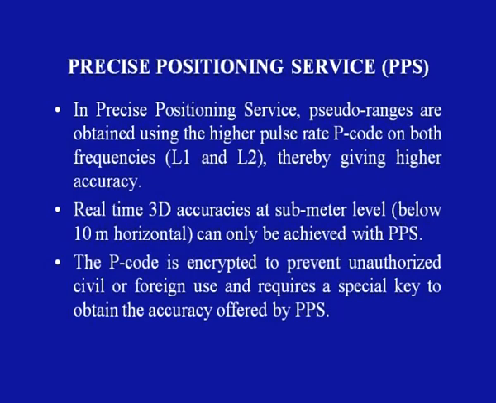Real time 3D coordinates at sub-meter level, below 10 meter horizontal, can be achieved with PPS. The P code is encrypted to prevent unauthorized civil or foreign use and requires a special key to obtain the accuracy offered by PPS.